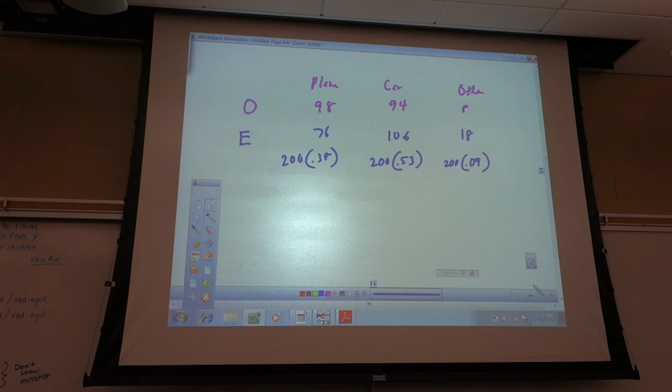Okay. Or do you want to just do this one problem? Okay. So why don't we proceed with going ahead and doing the actual problem.